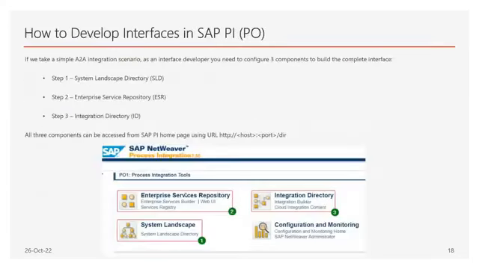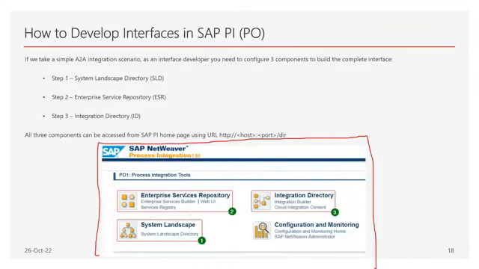If you see here, this is the Java Stack page or NetWeaver page of your PI application, where you can see ESR, Enterprise Service Builder, the Integration Directory, and the System Landscape Directory, which is nothing but SLD, and you can see monitoring and home. To launch ESR, you have to click on this.